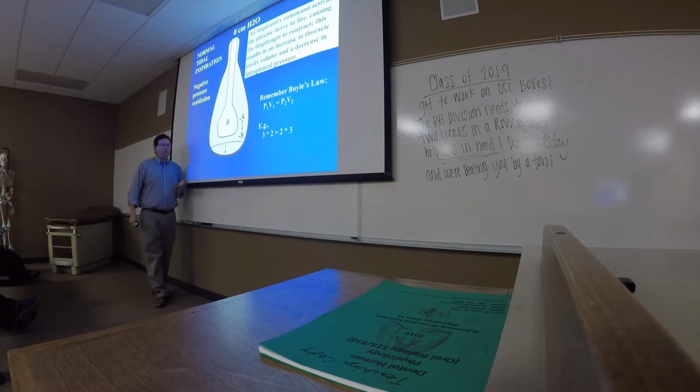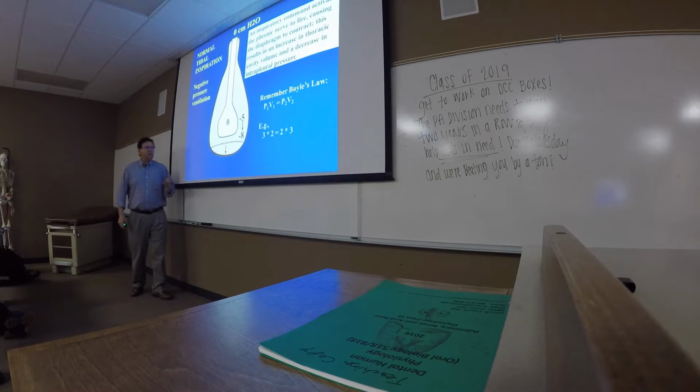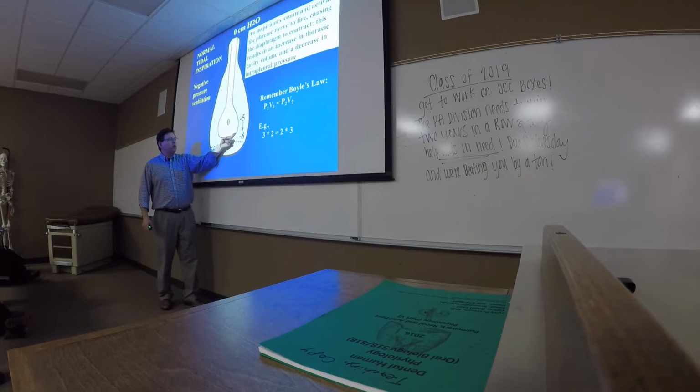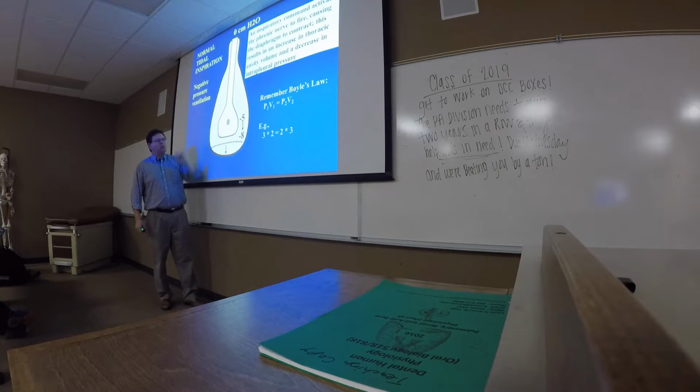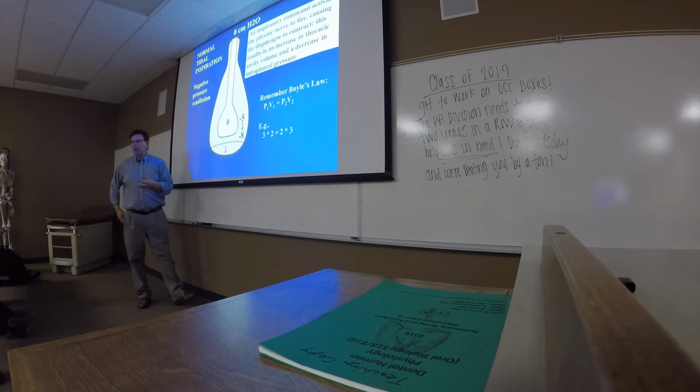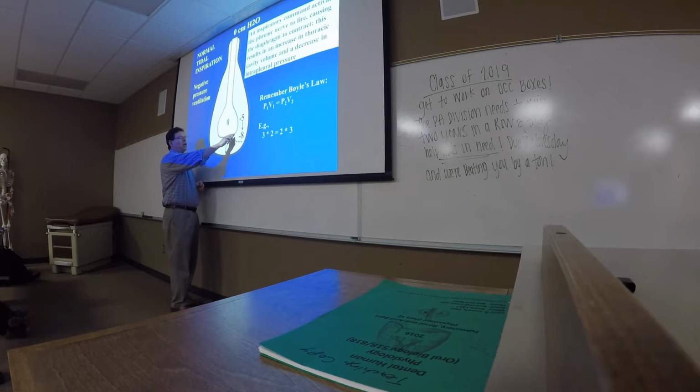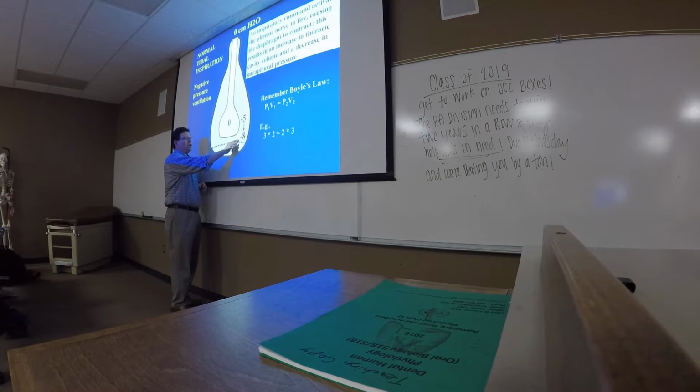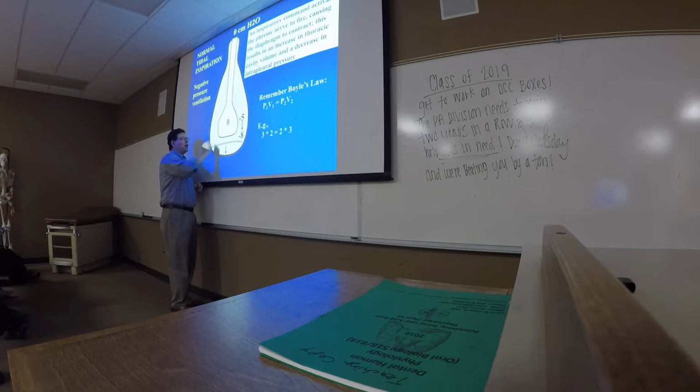Now there's two ways you can think of this. This more negative intrapleural pressure is going to act on these alveolar walls. A lot of students just go with negative pressure suck. So this is more negative pressure, and it's going to pull these alveolar walls outward.